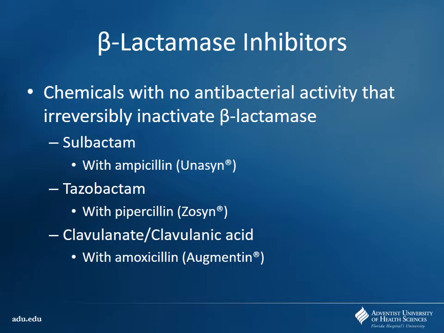The three that you'll see being used clinically include sulbactam, which is put together with ampicillin to make Unasyn. Tazobactam is paired with piperacillin to make Zosyn. And you'll have clavulanate or clavulanic acid, two names for the same thing, put with amoxicillin to make Augmentin. I'm sure everyone's heard of Augmentin, right? That's your most common example of a beta-lactamase inhibitor being mixed with your penicillin.